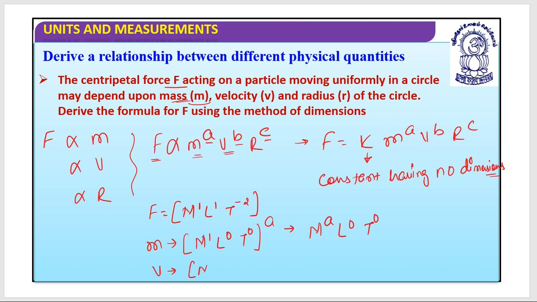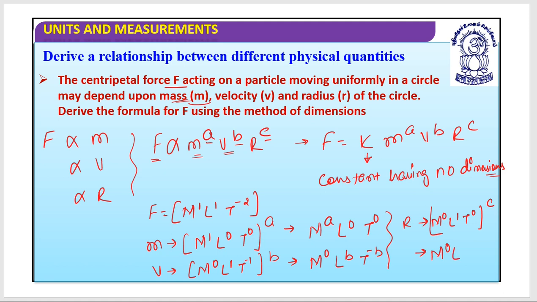Velocity is m0 l1 t minus 1 to the power b. This is m0 l to the power b, t to the power minus b. And last, radius r is m0 l1 t0 to the power c. So this becomes m0 l to the power c and t to the power 0.